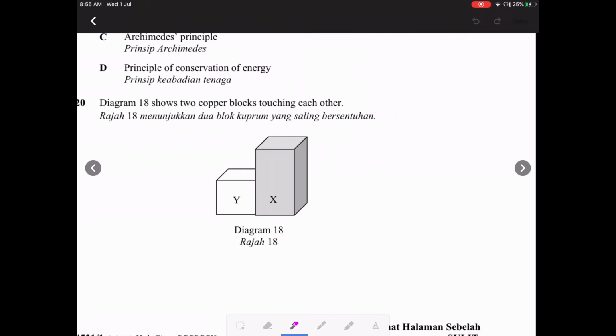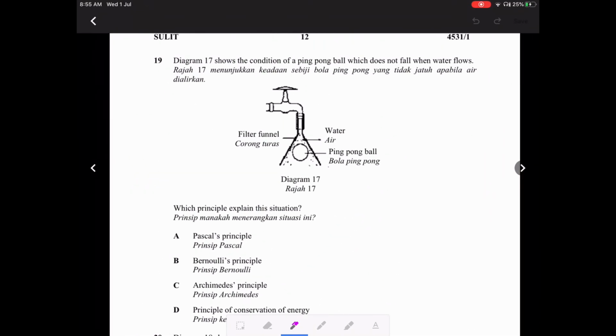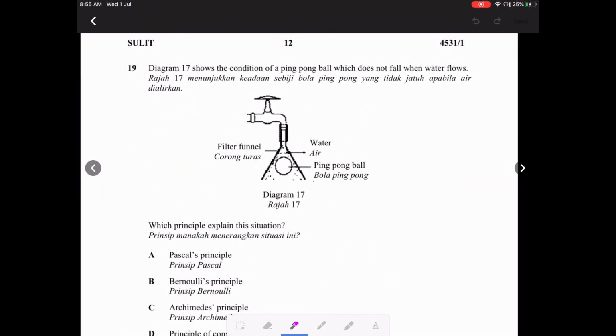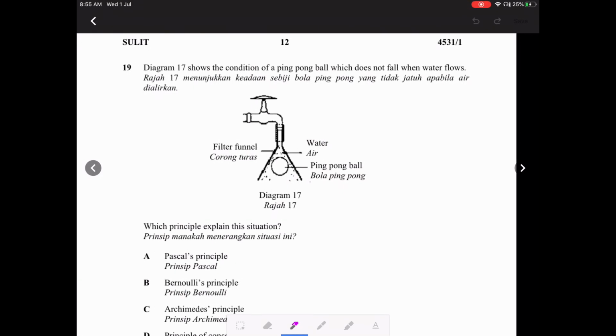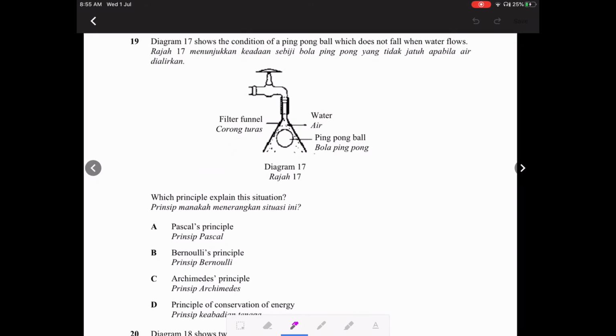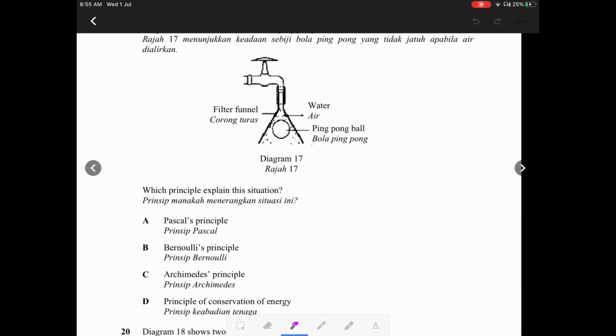Okay, so 19. Okay, condition of the ping pong ball which does not fall when the water flows. Okay, explain the situation. So ini ialah Bernoulli principle. Kenapa dia tertahan? Okay, dekat sini laju airnya adalah tinggi, maka pressure-nya adalah sangat rendah di kawasan ini yang saya tandakan ni.